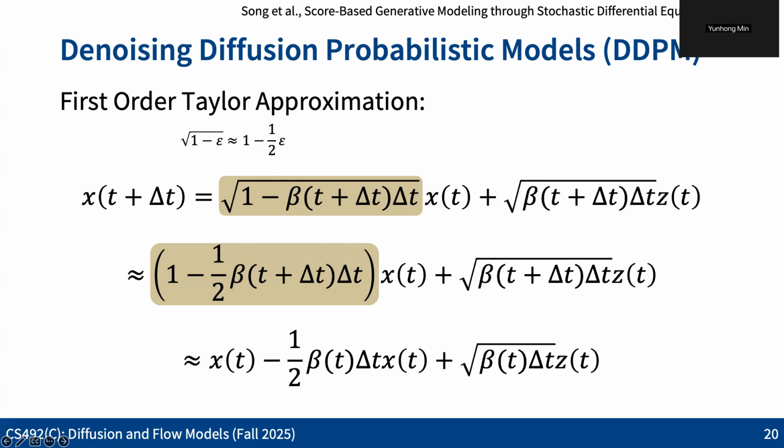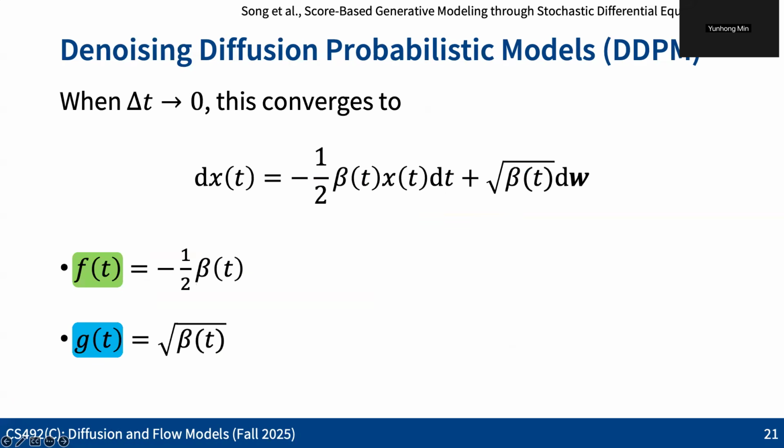And we know that beta is a smooth function, so it does not make a big difference between consecutive time steps. So we can also approximate in this way. From this, it boils down to this very simple form of the forward SDE. You can see that there is a moving force pulling the point closer to the origin, while having a stochastic term with some diffusion coefficient.